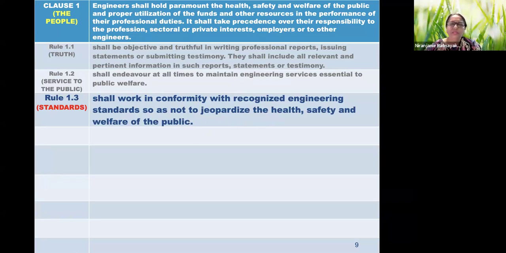Those are there to safeguard, there are safety factors that you have to apply and all that. So those things have to be maintained in your work, in designs and construction. Because if you do not adhere to those standards, it will jeopardize the health, safety, and welfare of the public, right?